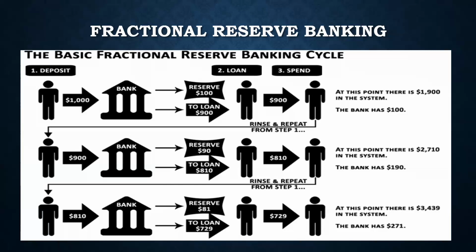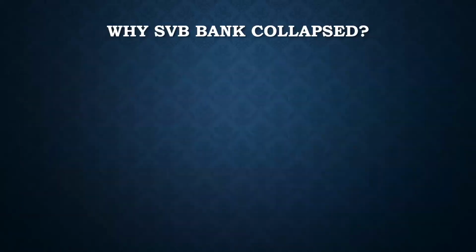We'll see that in detail in the course of this discussion. I think what fractional reserve banking is, is clear to all, and how a bank multiplies this 1000 to maybe 3439 or 2710. Moving on now, why did SVB, also known as Silicon Valley Bank, collapse?